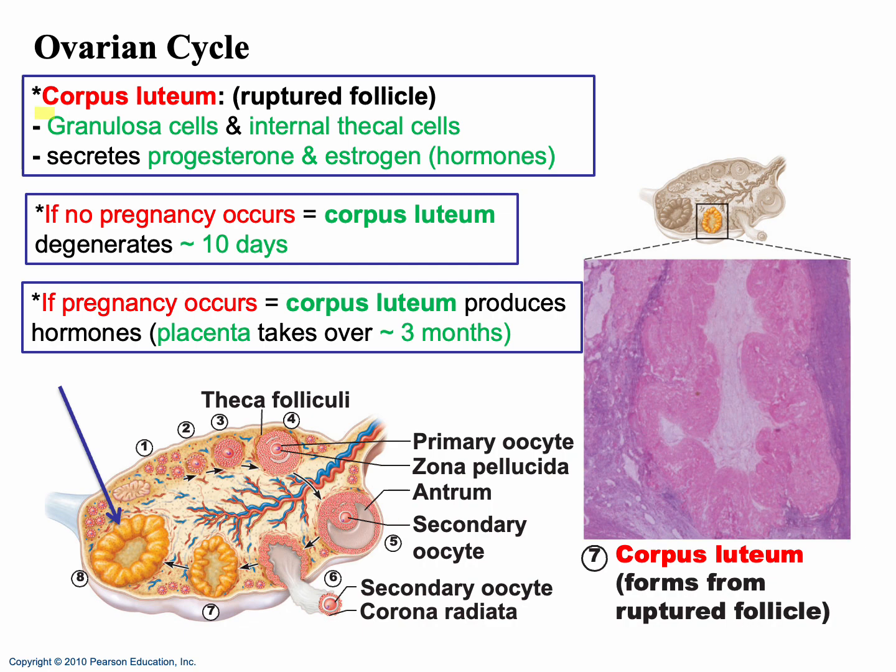Okay, the corpus luteum. We've mentioned this structure before. This is going to be that ruptured follicle, and it almost looks like a funky looking brain. So we can kind of see that right here. Corpus luteum, the ruptured follicle. And this structure contains two very important types of cells here, granulosa cells and the thecal cells.